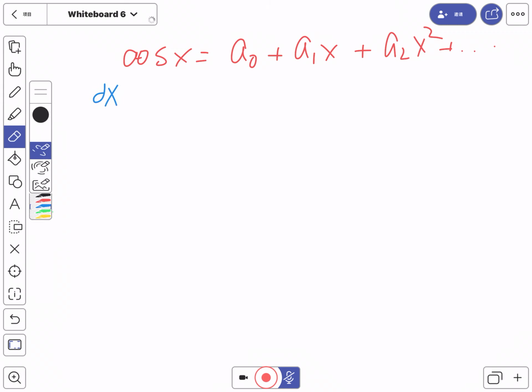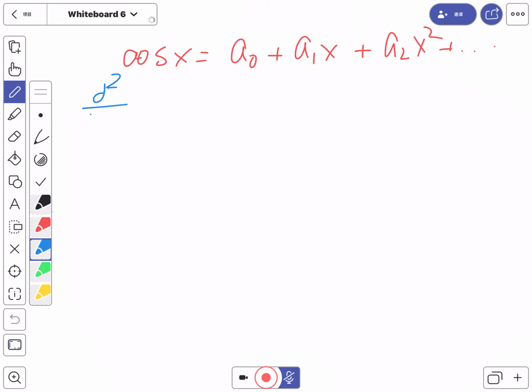So the second derivative, d squared over dx squared of cosine of x, is going to be negative cosine of x, but we have to express it in terms of this function right over here. We can see that the first two terms cancel out, because there are zeros. So this will remain as 2a2. Notice that I'm just doing the power rule over here.